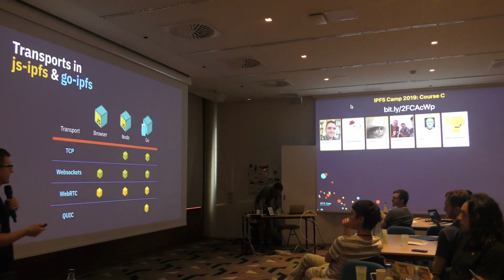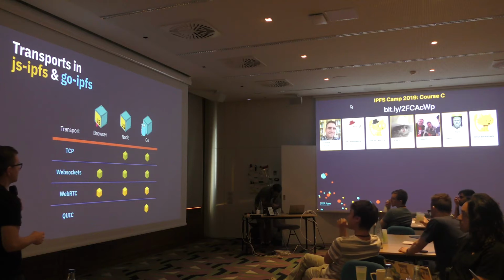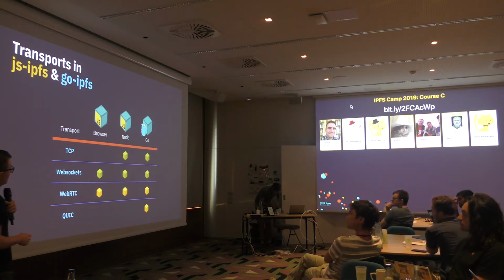But for this exercise, especially for the app that we'll be building, we need to understand that there are differences in transports available for js-ipfs and go-ipfs. For js-ipfs, there are differences between running in a web browser and running in Node. If you run the Node or Go version, you have access to TCP transport.